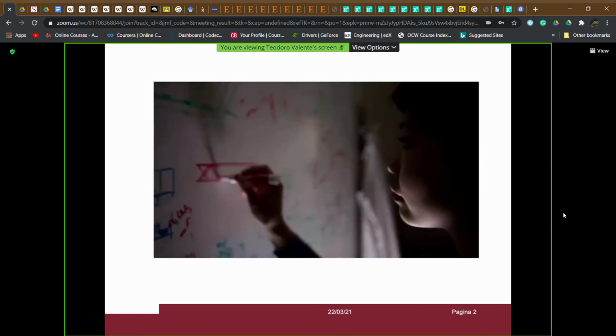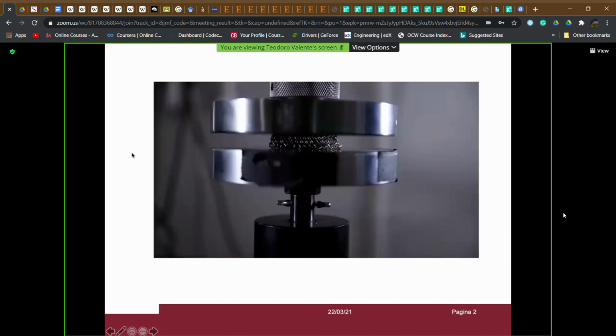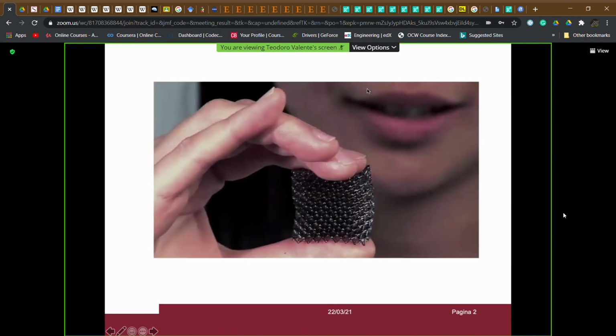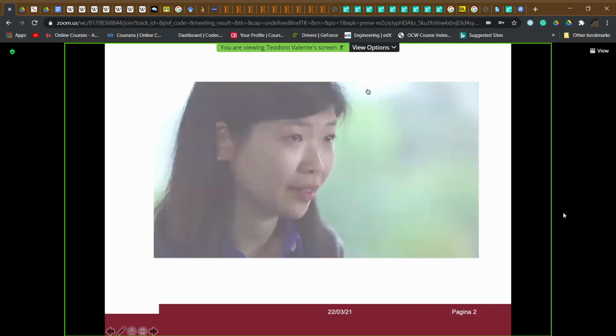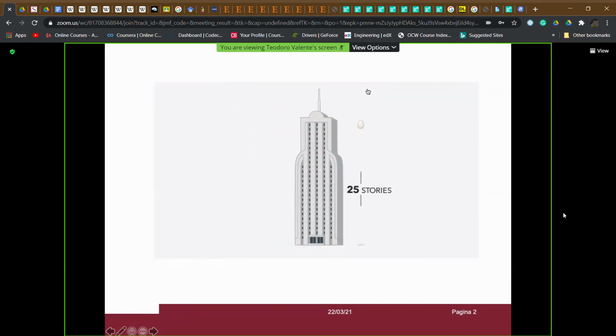If you want to look at just properties in general, then one would be compression in the sense of energy absorption, and then the second would be lightweight in terms of having very hollow tubes. So let's say you have the egg drop challenge that a lot of students have in school, and they need to drop an egg from 25 stories and protect that egg.